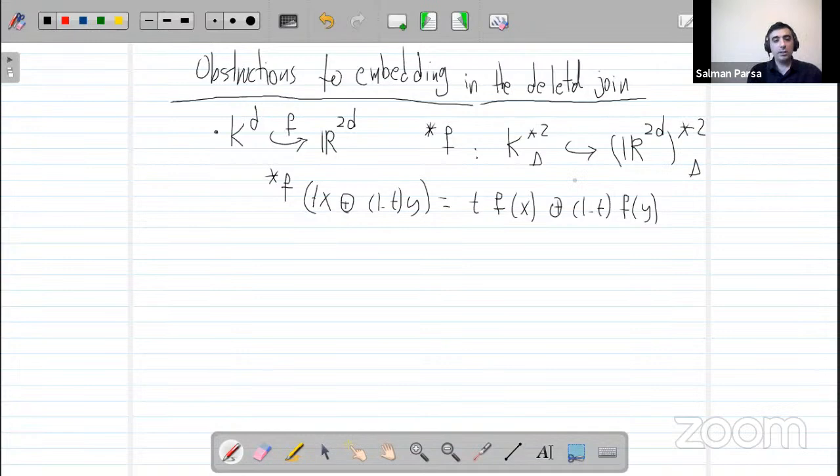By the way, deleted join and deleted product have this involution, an action of Z2 on them, which is famous.